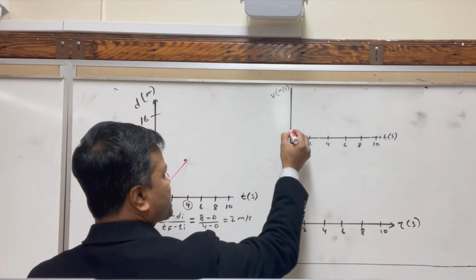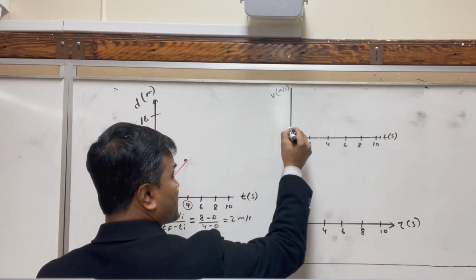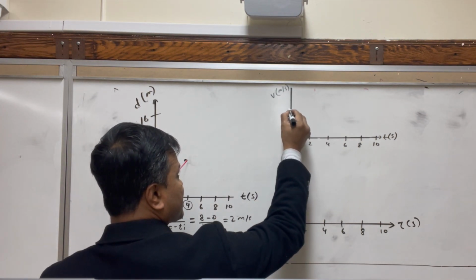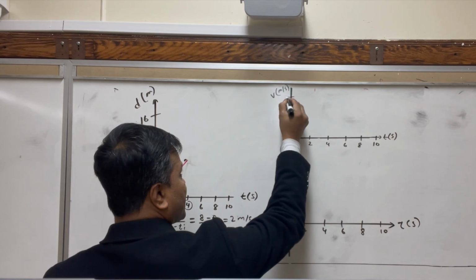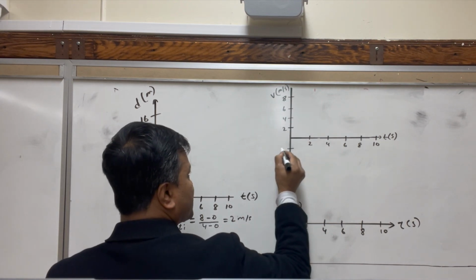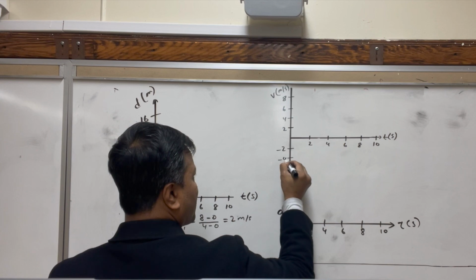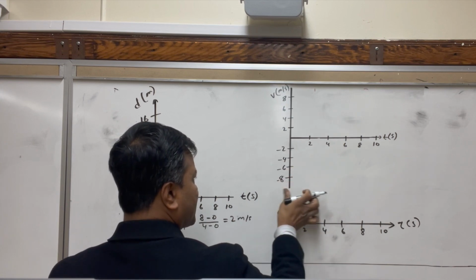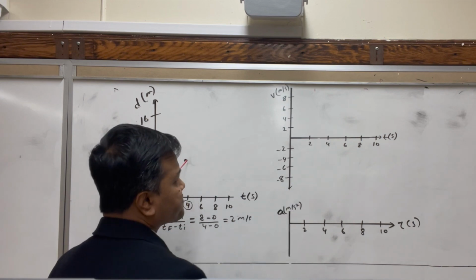We quickly put 2, 4, 6, 8 here, and -2, -4, -6 and -8. We don't need that much.